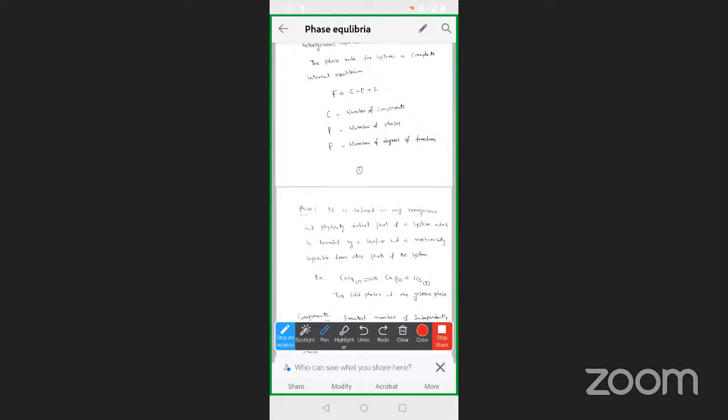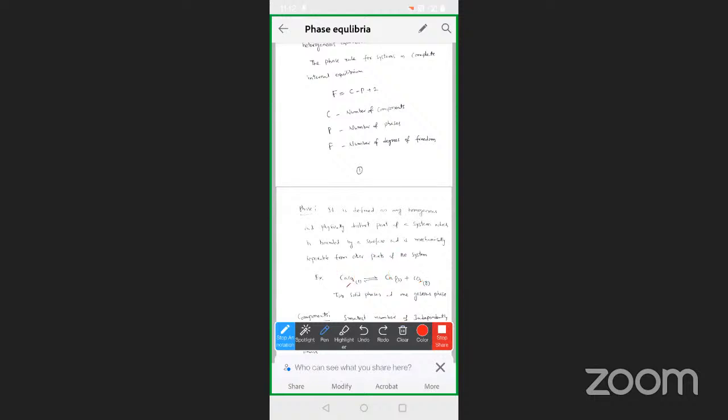Suppose, take this example: solid calcium carbonate is in equilibrium with calcium oxide and carbon dioxide gas. Two solid phases and one gaseous phase are the phases for this equation.